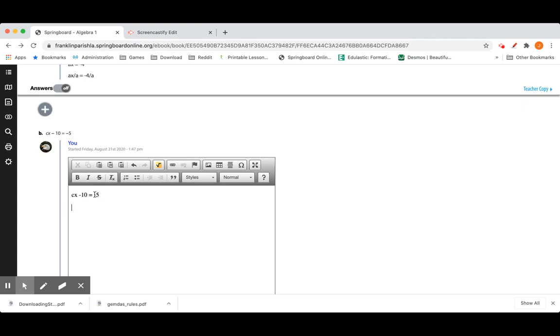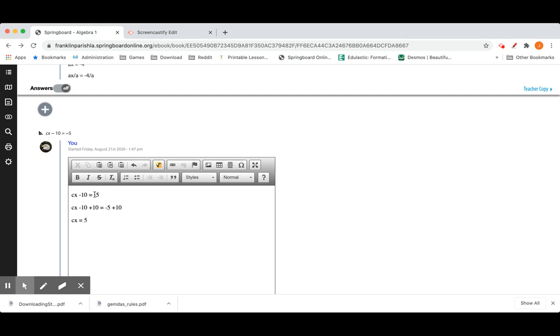So let's do our addition property of equality and add 10 to both sides. Ten minus 10 is 0, so we're left with cx. Negative 5 plus 10 is 5.